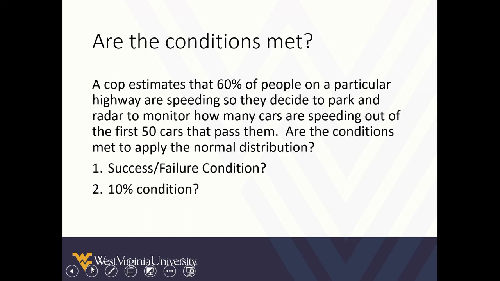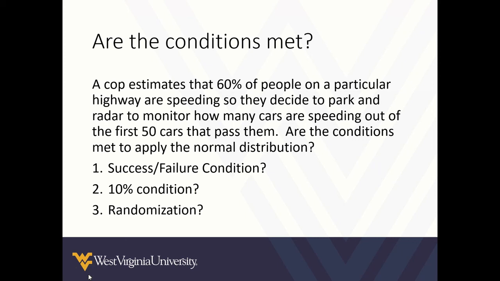And what about the 10% condition? We are examining the first 50 cars that pass, and given that it is a highway, I think it's safe to assume that 50 cars is less than 10% of the population. And then the next part of the question is randomization.